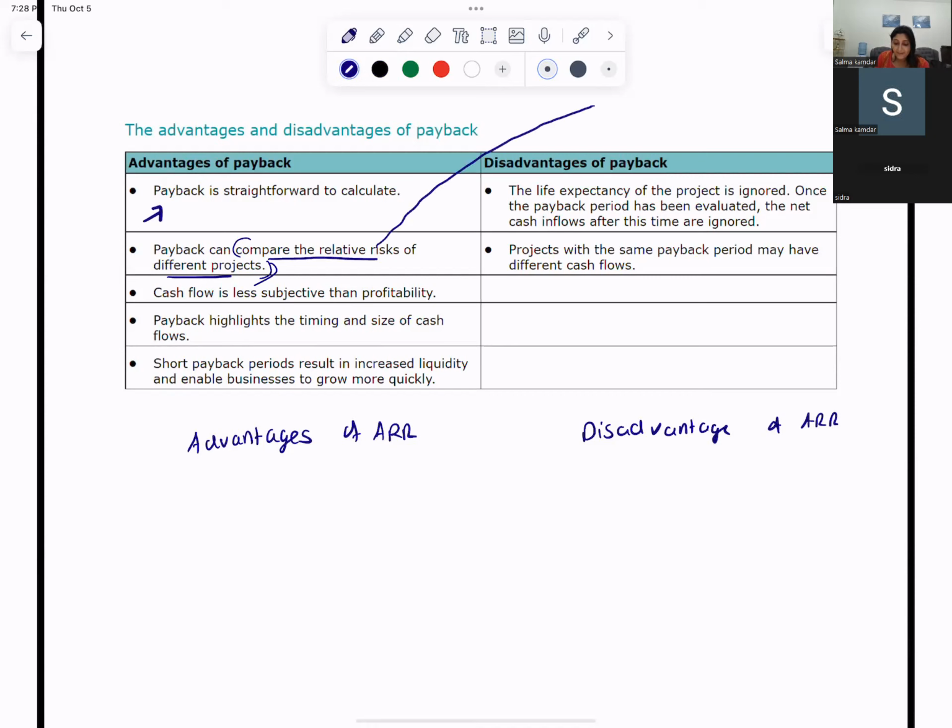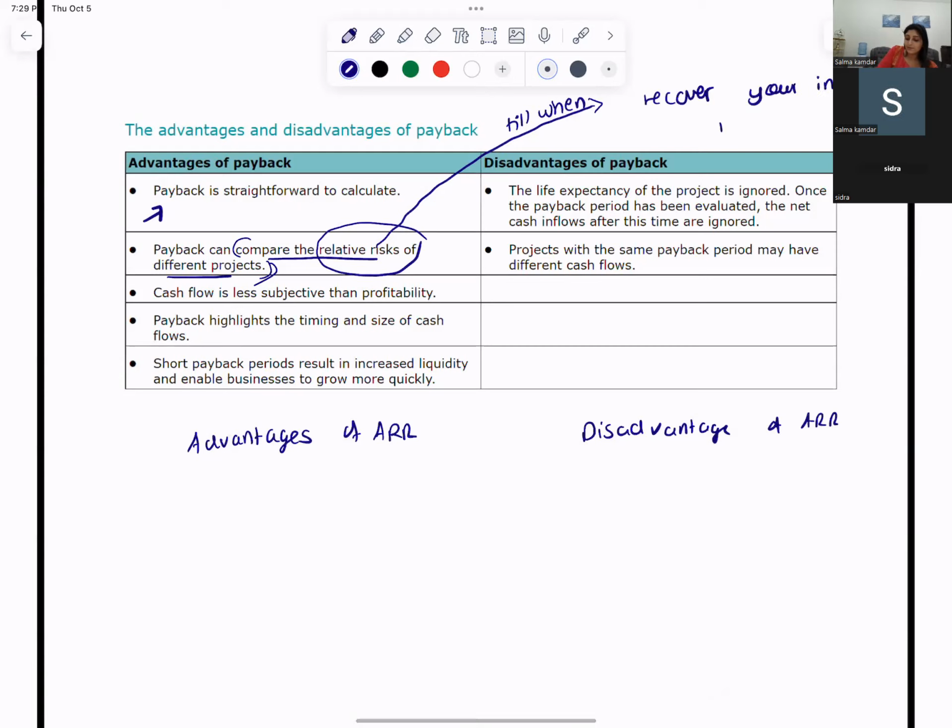What does the payback period tell you? You are at risk till when? Till your cash flow is negative. You are at risk only till the time you recover your initial investment.